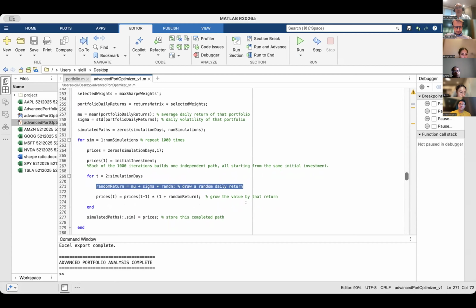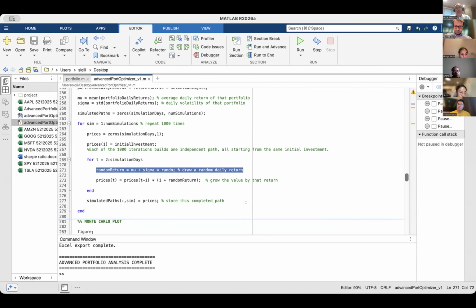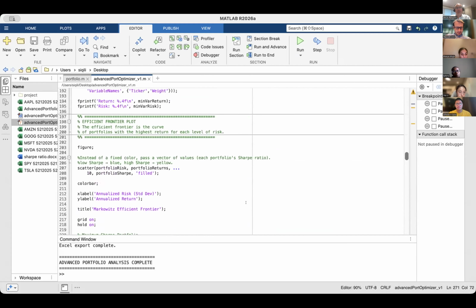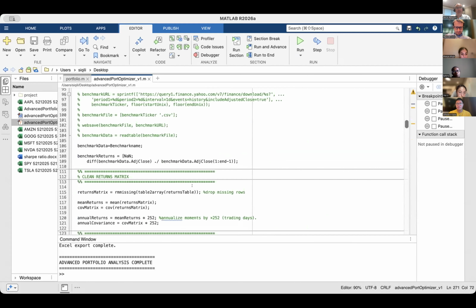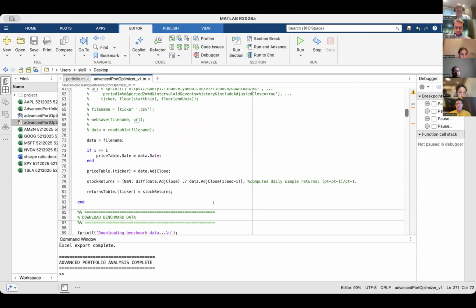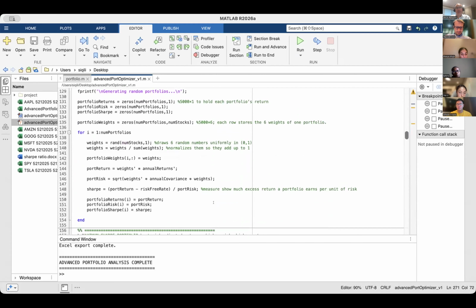Before we move to the slides, I also want to talk about the Sharpe ratio, which is portfolio return minus the risk-free rate. This is the portfolio that gives the best risk-adjusted return.